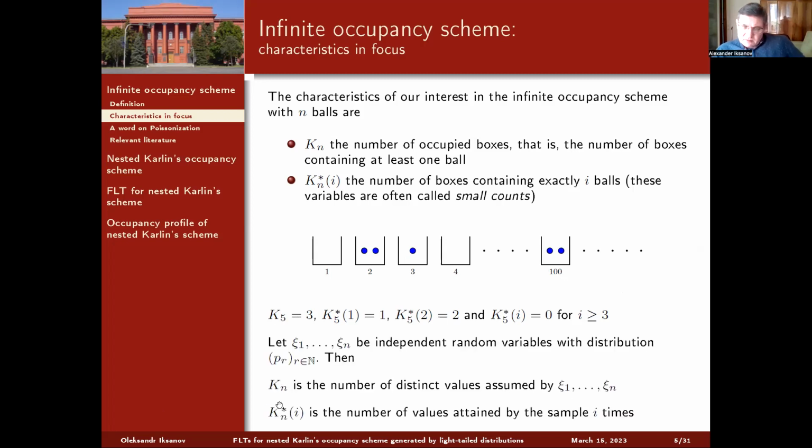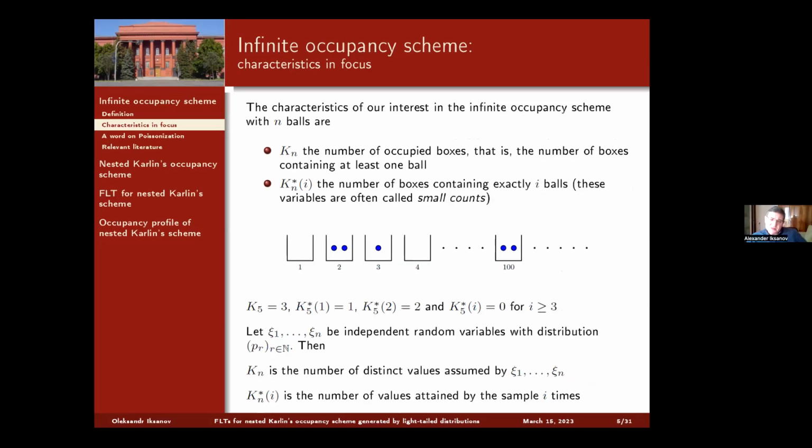Observe that the variable Kn can be interpreted as the number of distinct values assumed by the sample psi_1 through psi_n from the distribution of p_k, and the variable Kn star of y is the number of values attained by the sample y times.